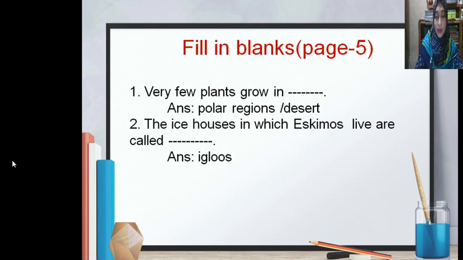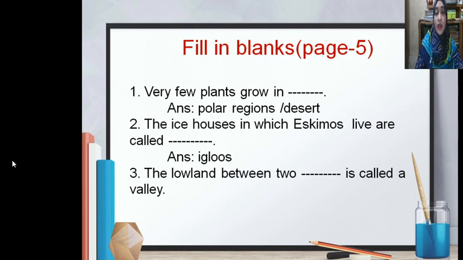Number 3. The lowland between two dash is called a valley. But we have to write here, mountains. The lowland between two mountains is called a valley.